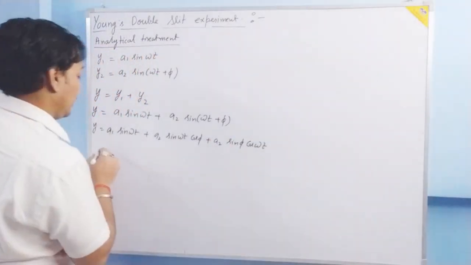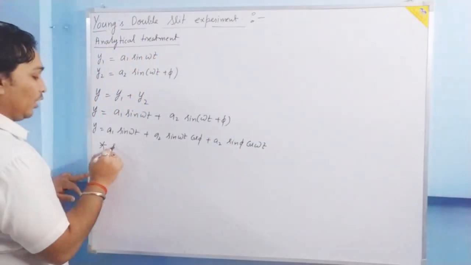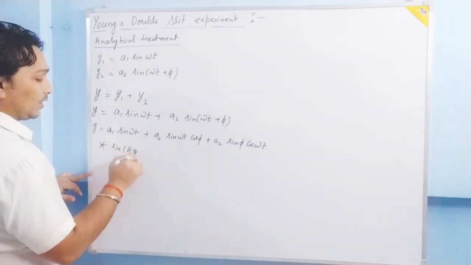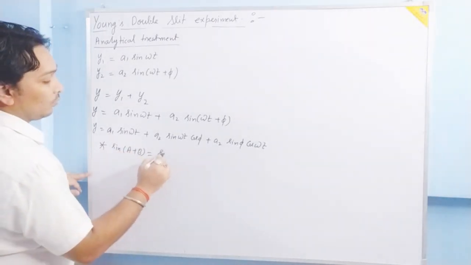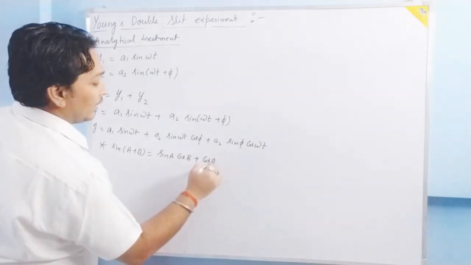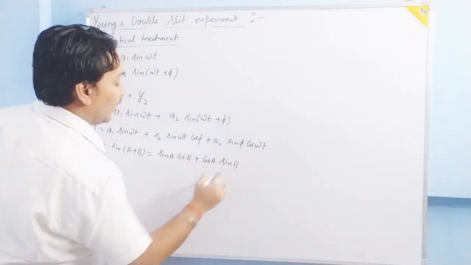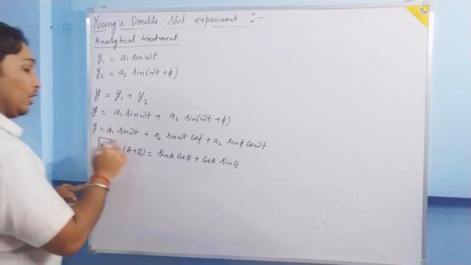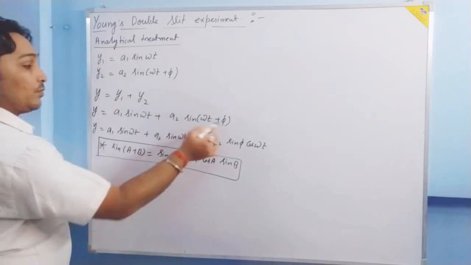How have we done this? We have used the formula that sin a plus b is equal to sin a cos b plus cos a sin b. We have used this formula to expand this one.